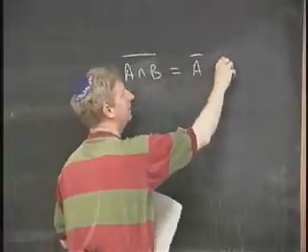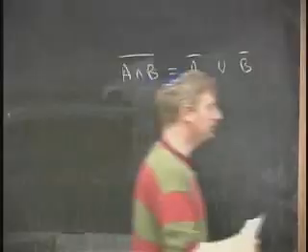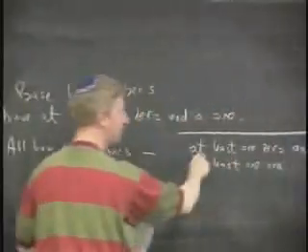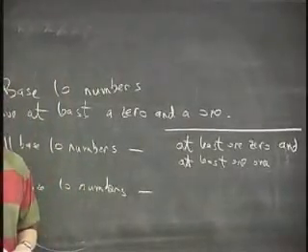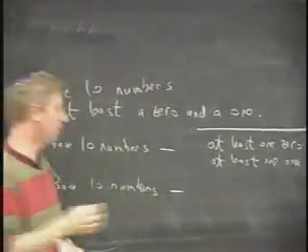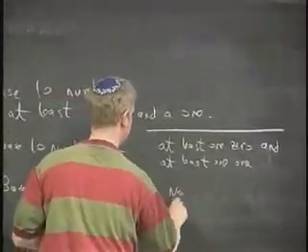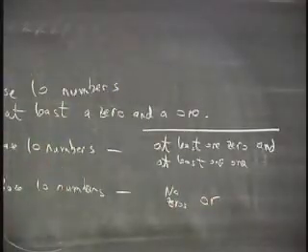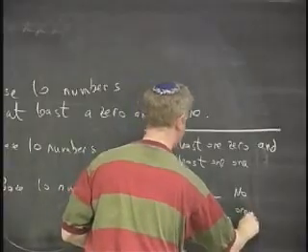Not A, union, not B. So now I'm going to rewrite that. Not the first one, this and is intersection, so not the first one, which means it doesn't have at least one 0. That means it has no zeros, union, or no ones.